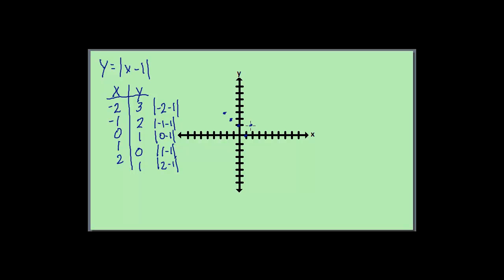There's my V. So I know what this thing will look like, because I've graphed absolute value functions before. So I'm looking for the pattern of points, and there's my pattern of points for y equals absolute value of x minus 1. These points that I've plotted are called solutions to the different equations.